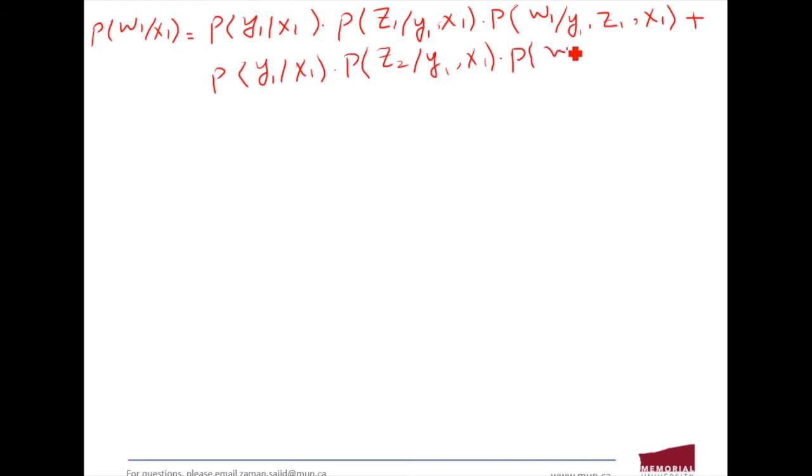This one will be W1 given that Y1, Z2 and X1.